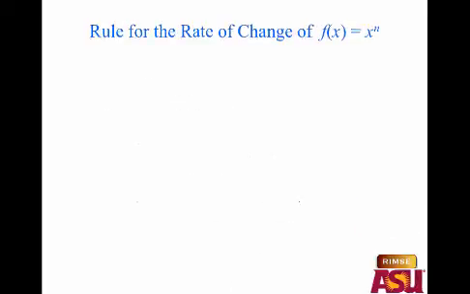Okay, so here we go. I want you to write out: we have f of x equals x to the n. N could be any counting number, starting at 1, 2, 3, any counting number. We want to know, what is the rate of change of f with respect to x? I want everyone to write down the first step.